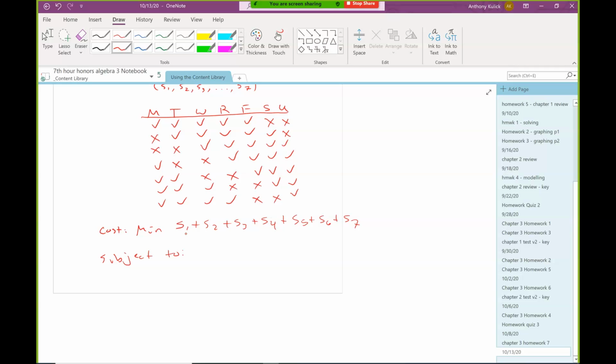And now what are the constraints here? What information haven't we used yet? Maya?